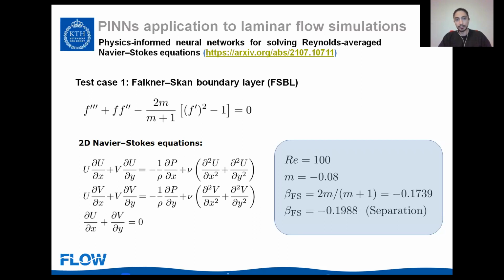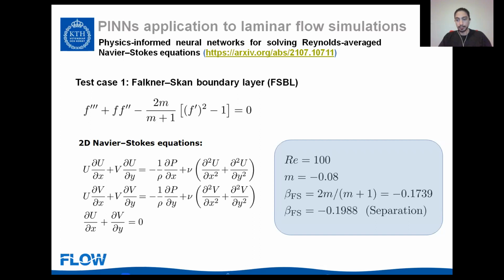This m introduces the level of adverse or favorable pressure gradient that the flow has. For this example, we choose an adverse pressure gradient which is high and near separation, near the beta value for separation.